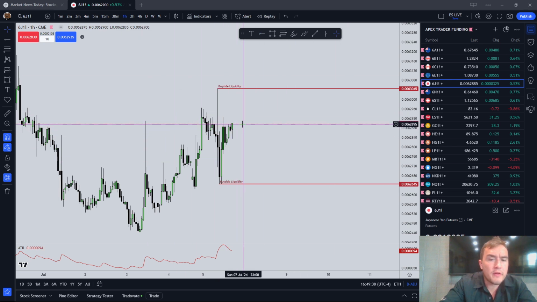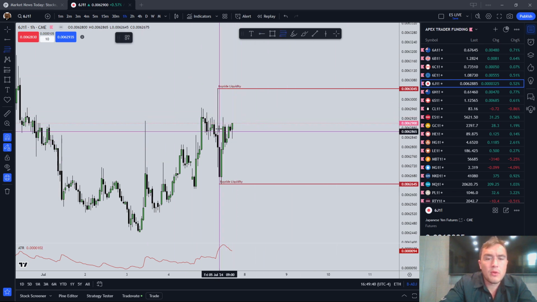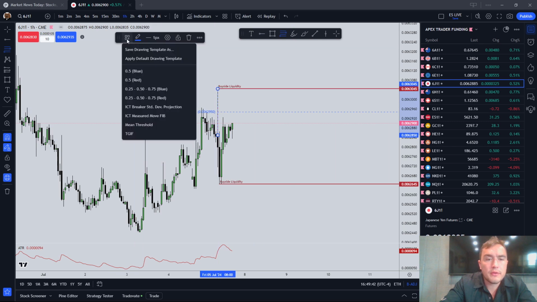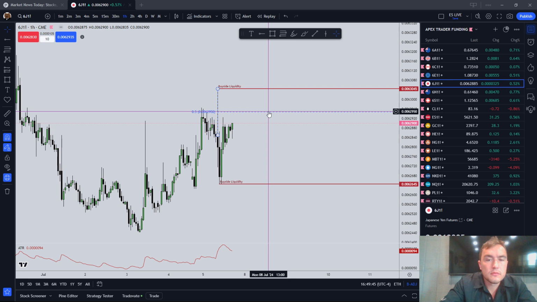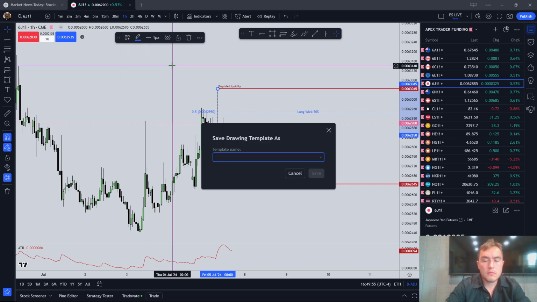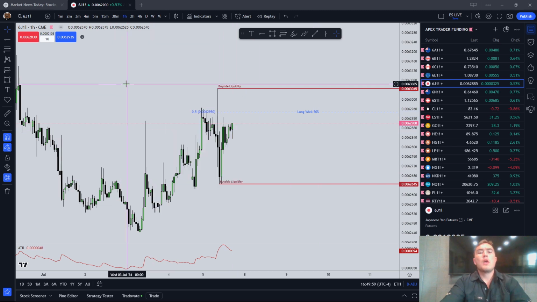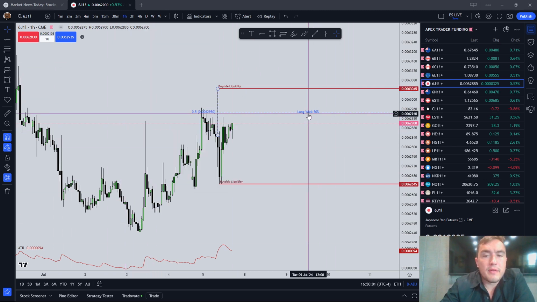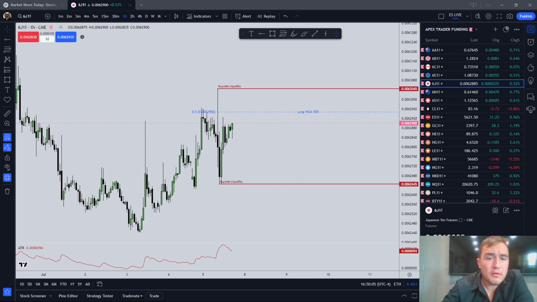And then there's no fair value gaps for me to add, but I might want to add in this long wick inefficiency. Okay. So all I've done here is I've added in the long wick inefficiency, and then we've marked up our chart.